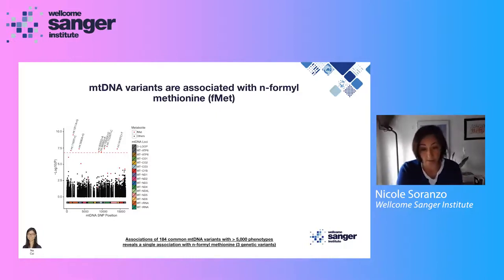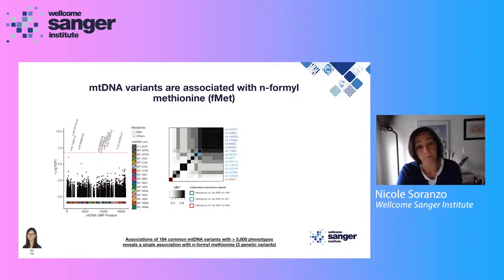Nakai applied a number of statistical and genetic analyses to fully resolve the haplogroup structure of these variants, and she was able to show that there are indeed 3 independent association signals driven by 3 variants in dark blue, light blue, and red that independently drive the fMet associations.